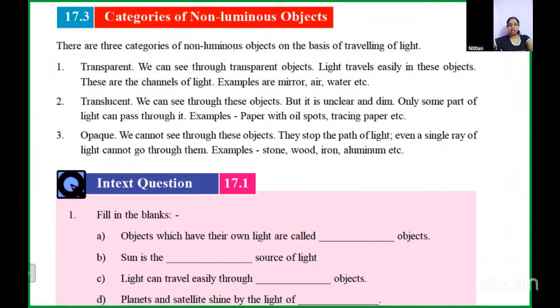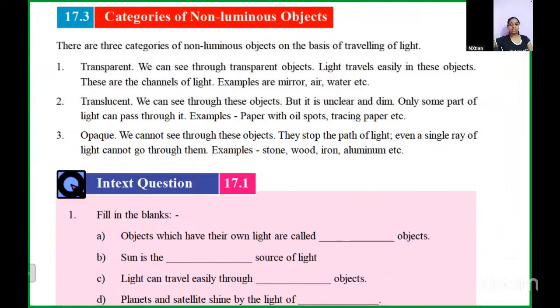So transparent objects, light passes through them directly. Translucent objects, we can see through these objects, but it is unclear and dim. Unclear means it is a little blur. Why?